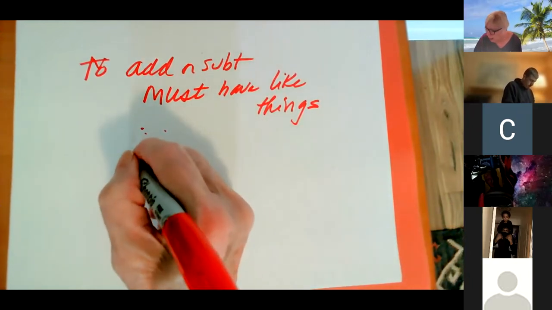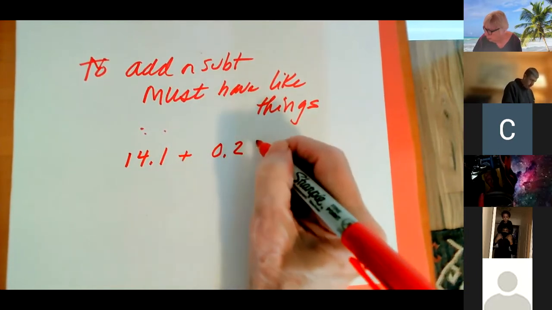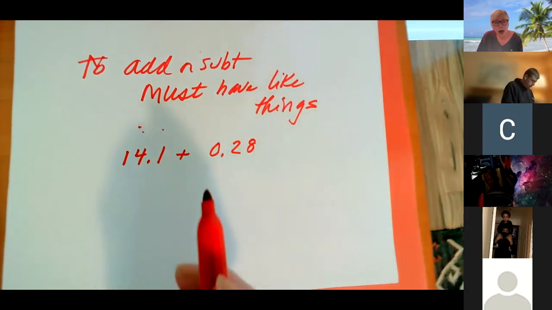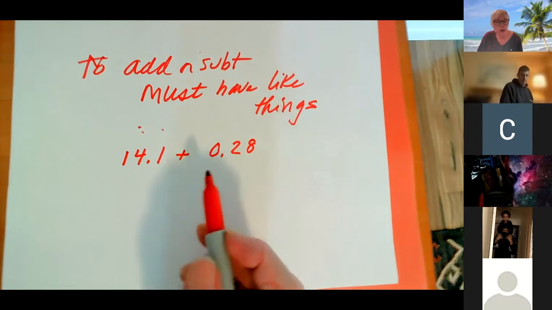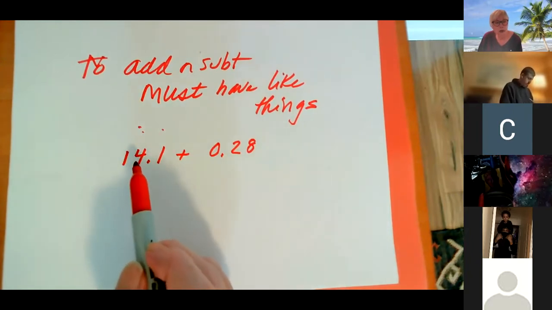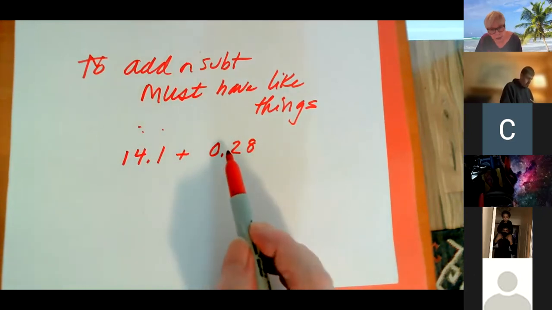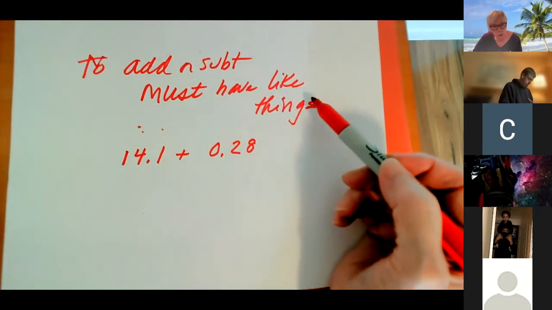So if I have 14.1 plus 0.28, I have to line these things up so that I'm adding whole numbers, the ones place to the ones, the tens place, the tenths place, and so on. I have to put things in perfect order to add or subtract, or I'll get it wrong. And it's based on this rule.